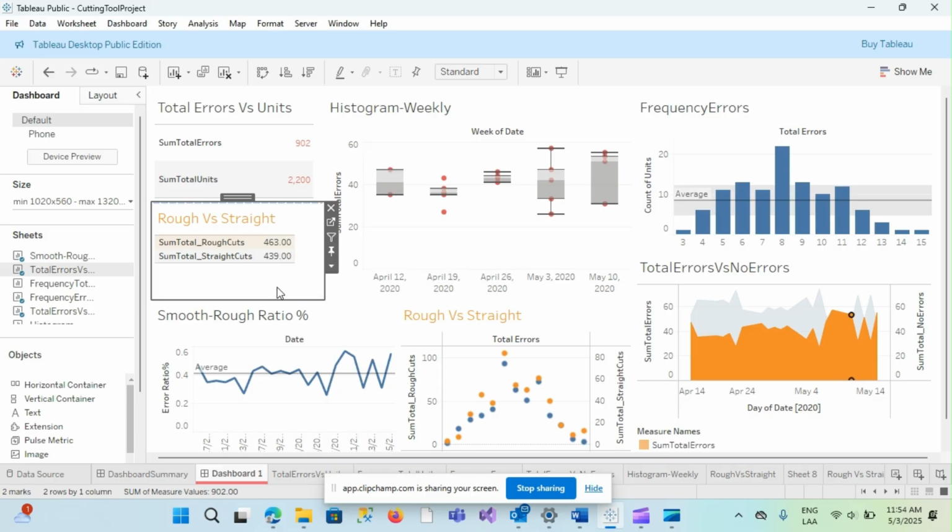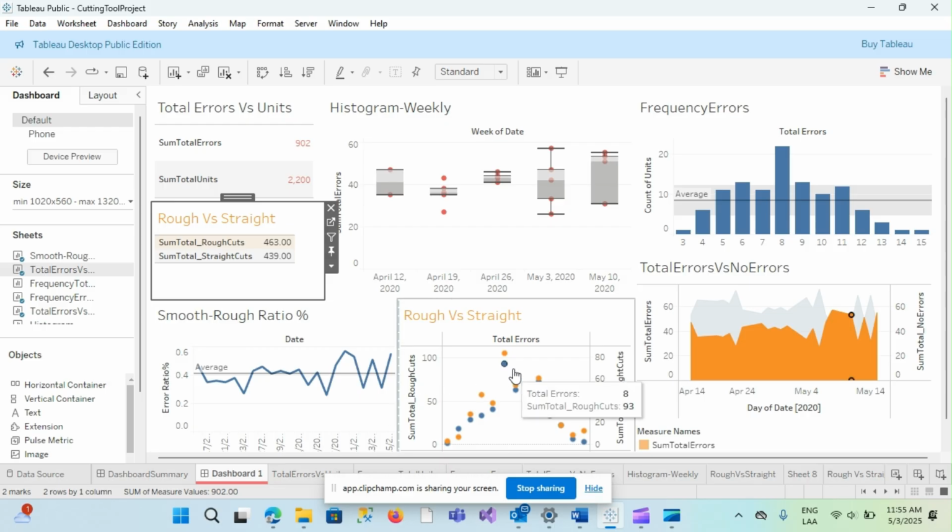So the conclusion of this experiment is that we can let them know that this is not a good product. They'll definitely be having a lot of issues with the customers because they're not cutting the way it's supposed to.